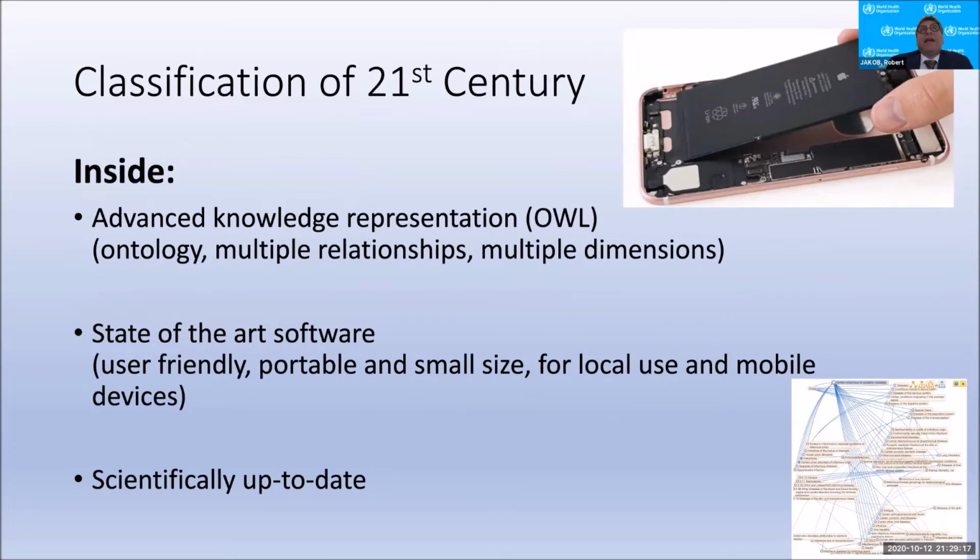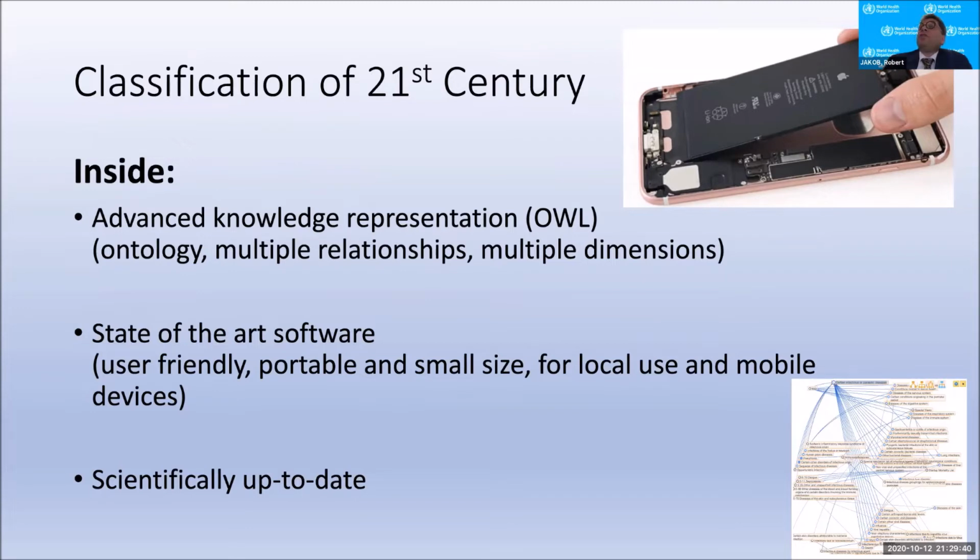Inside, we can say ICD-11 is a classification of the 21st century, advanced knowledge representation with OWL, using ontological principles, multiple relationships, multiple dimensions. We have state-of-the-art software that is user-friendly, portable, small size for local and mobile use. It's scientifically up to date, and I show here this picture of a mobile phone.